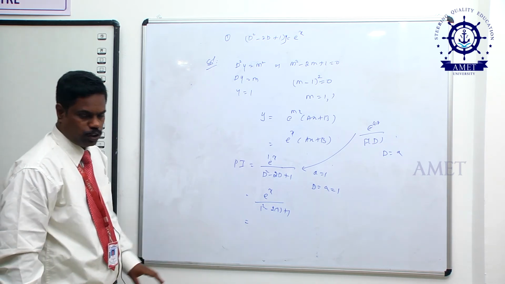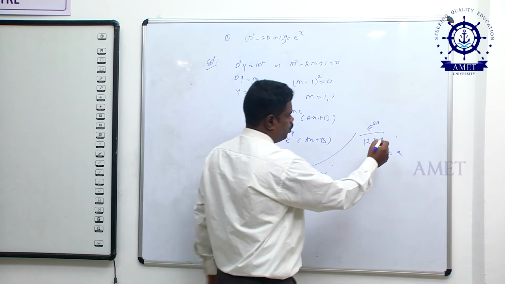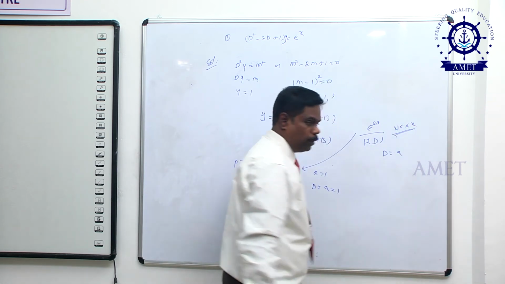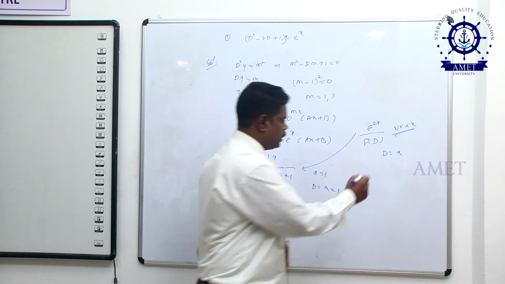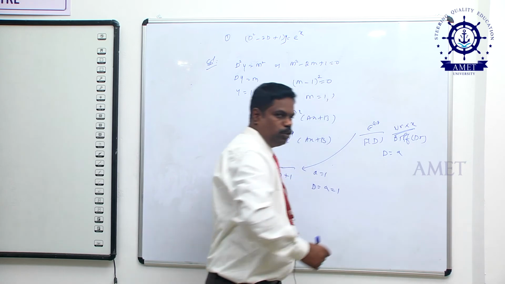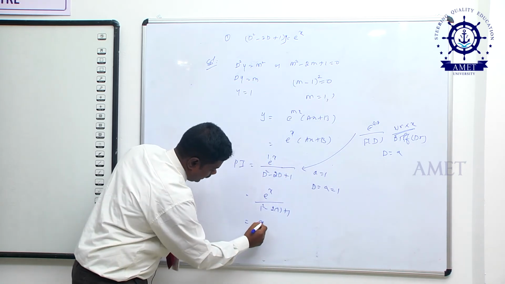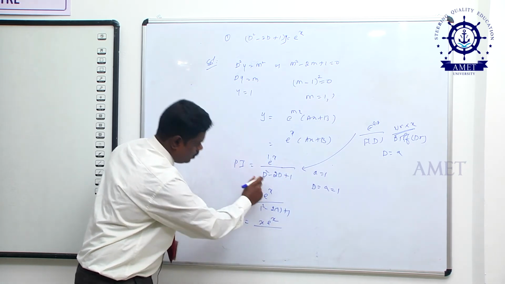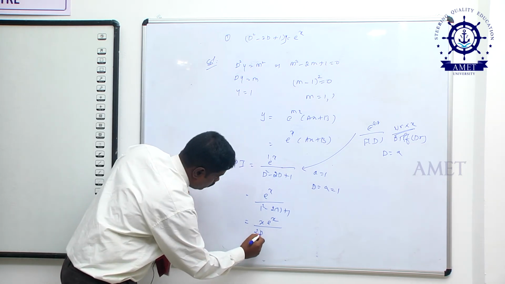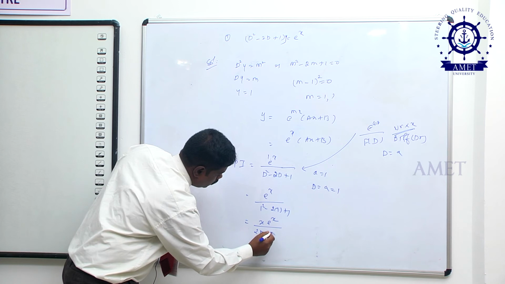If the denominator tends to 0, in this case multiply the numerator by x and differentiate the denominator with respect to D. So we get x into e power x divided by 2D minus 2.